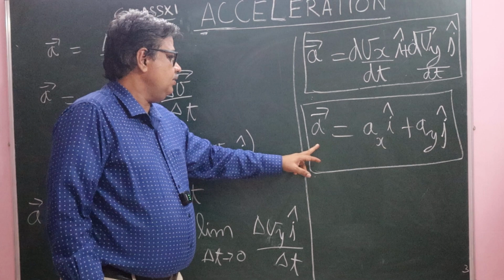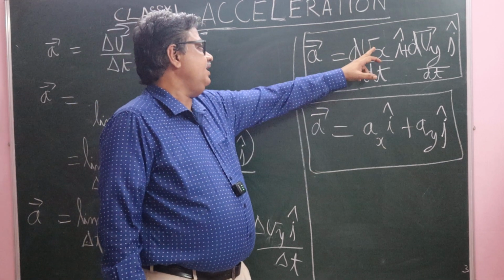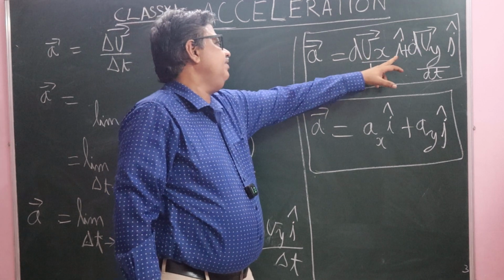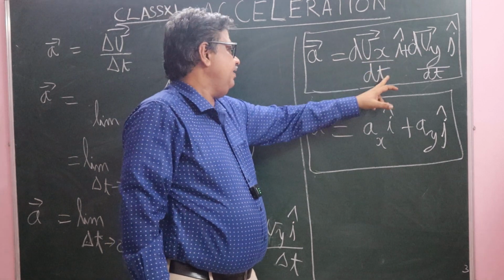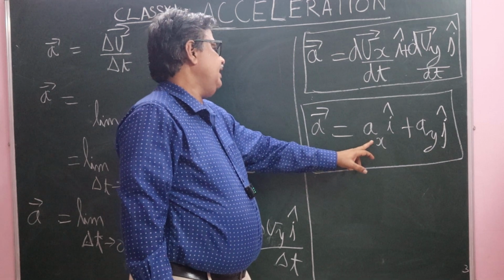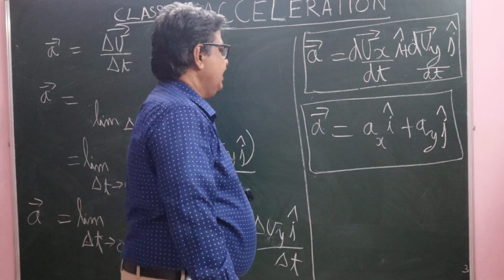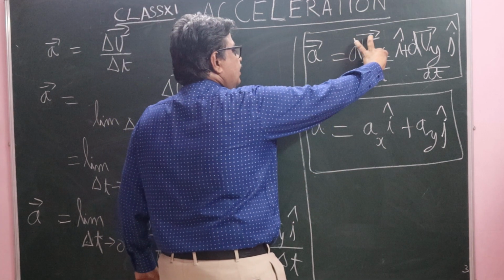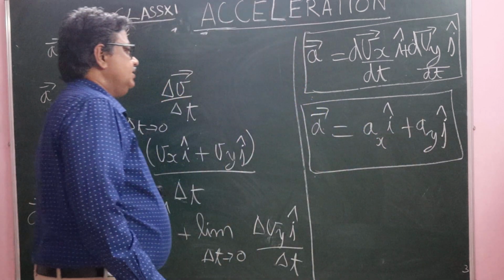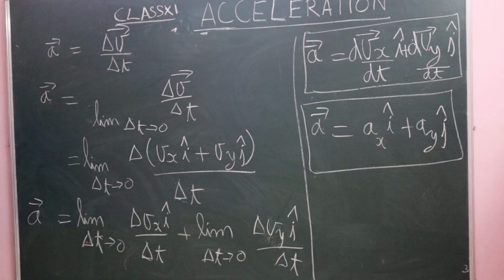Therefore, a vector equals ax, where dvx i cap divided by dt is ax i cap, plus ay j cap. So this component is called ax i cap, this component is called ay j cap. So this is the acceleration.